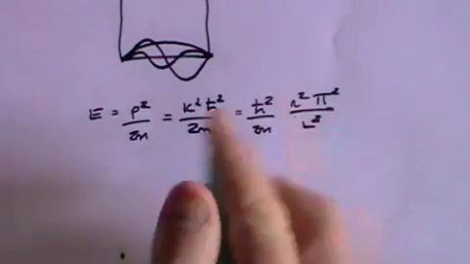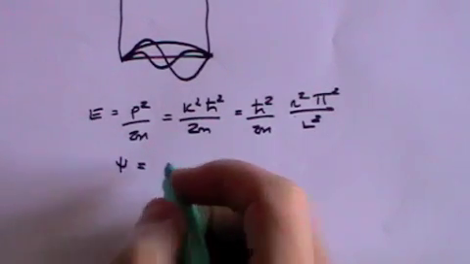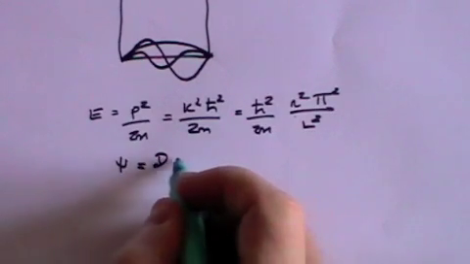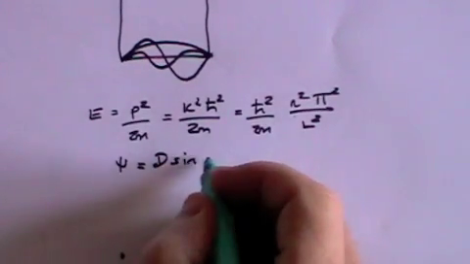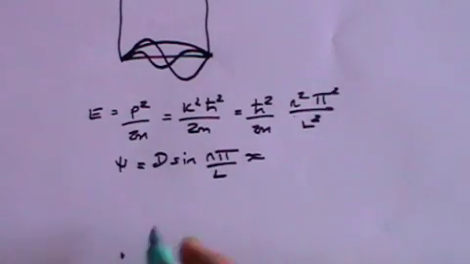But we said that the value of the wave function inside the box, which has infinitely steep sides, is psi equals D sine of n pi over L times x. What is the value of D? That is what we now need to go on to discover.